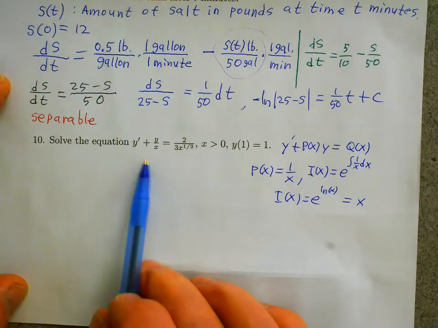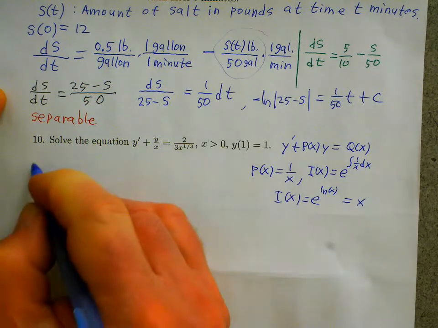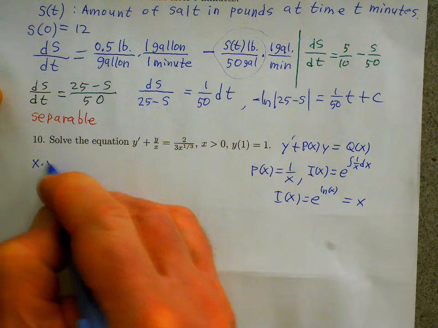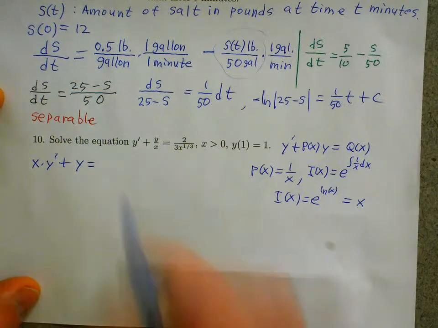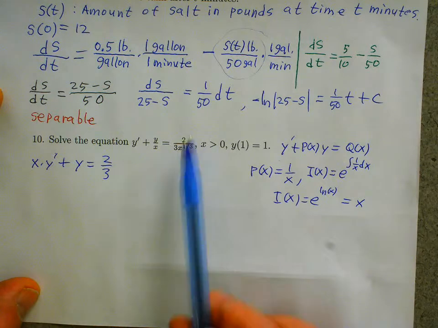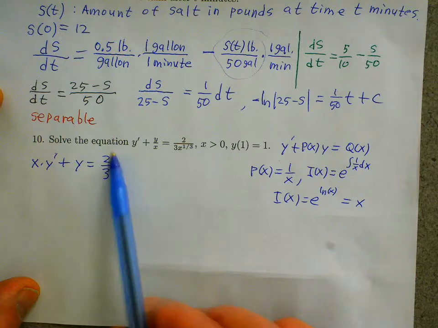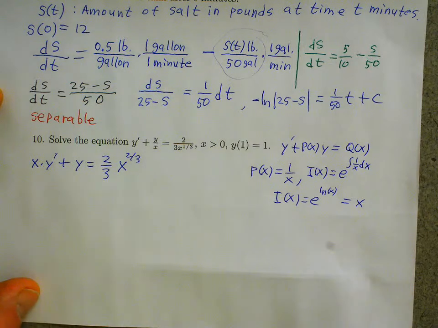So we'll multiply every term on both sides of this by x. And we get x times y prime. And then x times y over x is just y. And on the right-hand side, when we multiply x times 2 over 3 times x to the 1/3, we'll get 2/3 times x to the 2/3 when we multiply that by x, right?